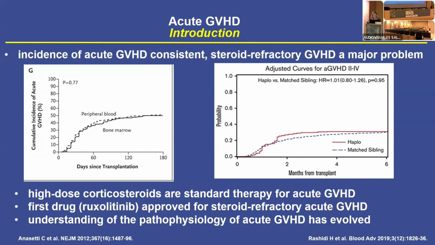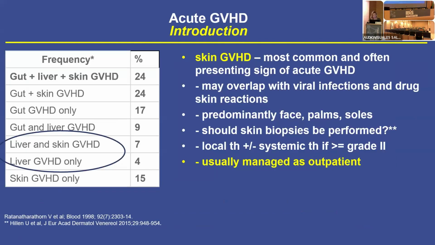However, we still have some patients who are refractory to ruxolitinib. And we have learned a lot about the pathophysiology of acute GvHD, and today we recognize that it's not only about immunosuppression, but it is also about dysbiosis and tissue repair, and this is, I believe, a place where we can work the most in the future.